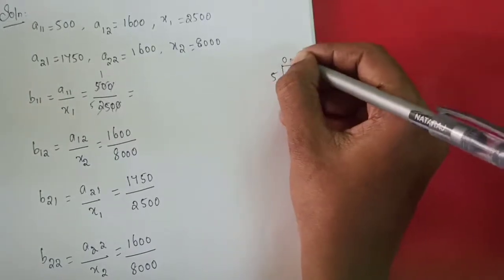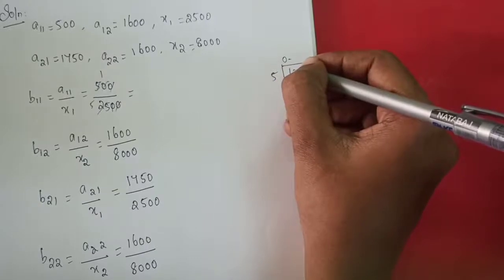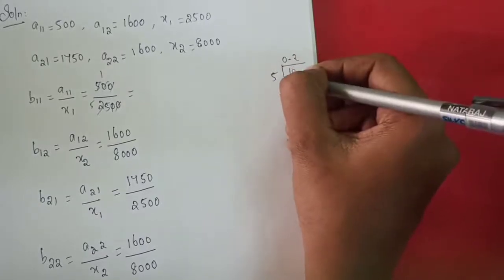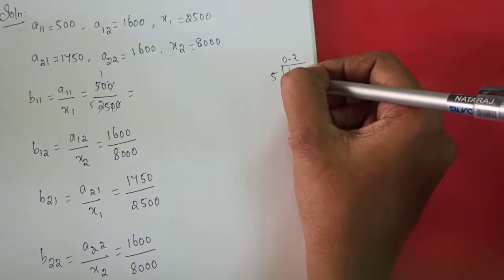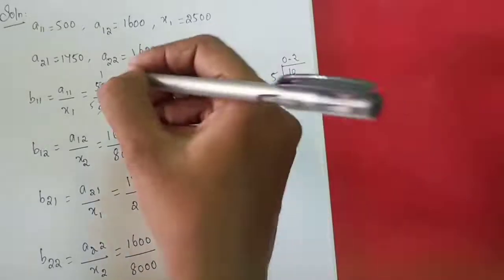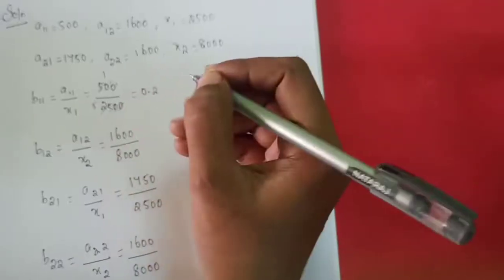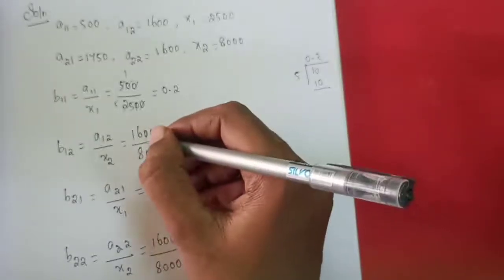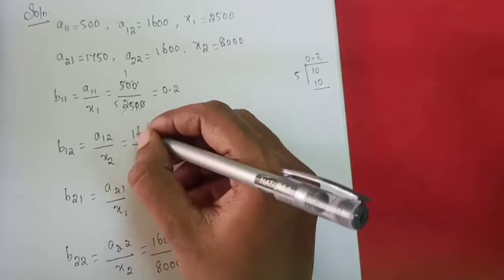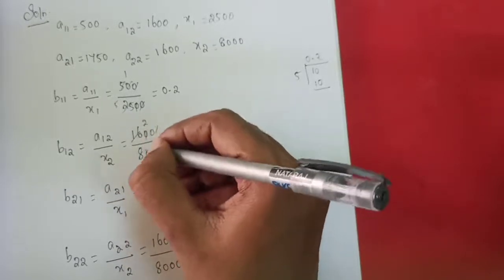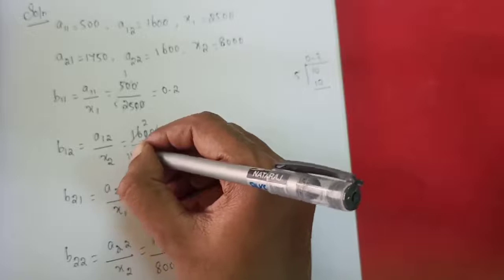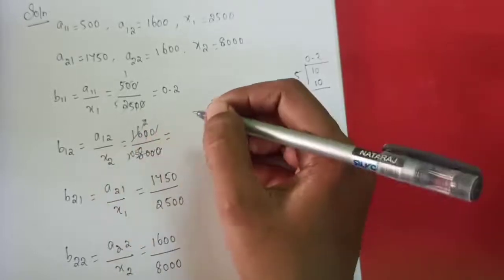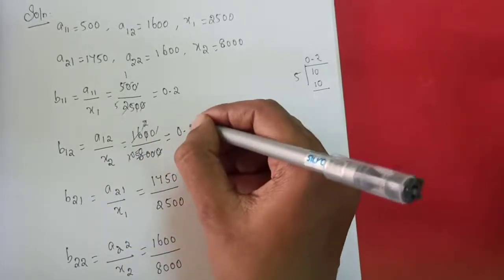Yes, 0 point, then 2. So 0.2. Correct. In the same way, find this one also. 20 will get cancelled, 16 by 80, is it right? In the 8 table it is 2, it is 10, again 1 by 5. So 1 by 5 again gives 0.2.